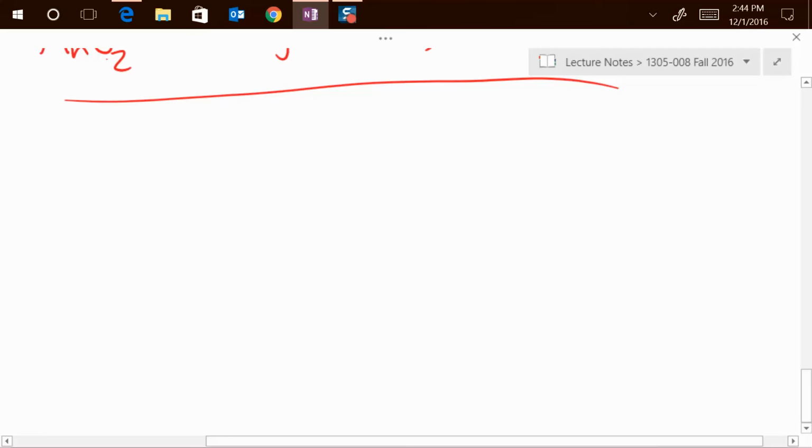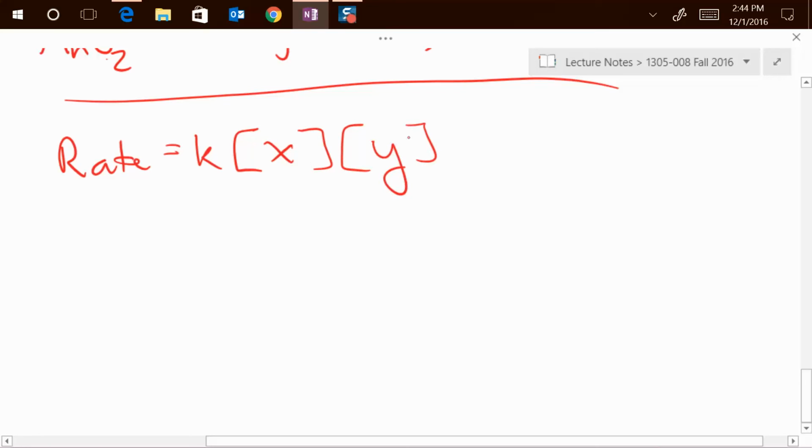Let me first say something about rate. Okay? Rate equals the rate constant times the concentration of the reactants. So if I have this equation, X plus Y2 produces... chapter 7.